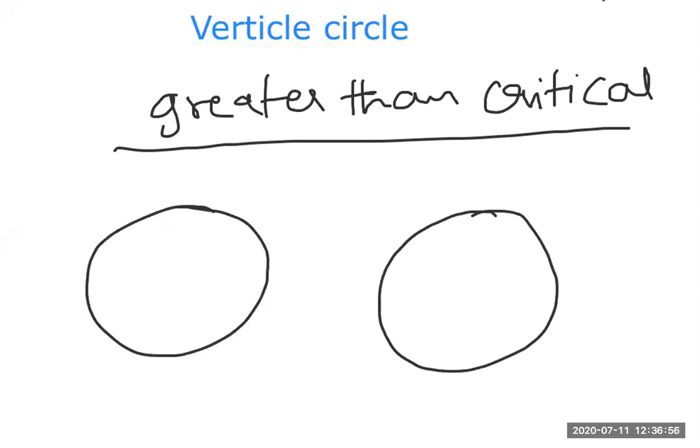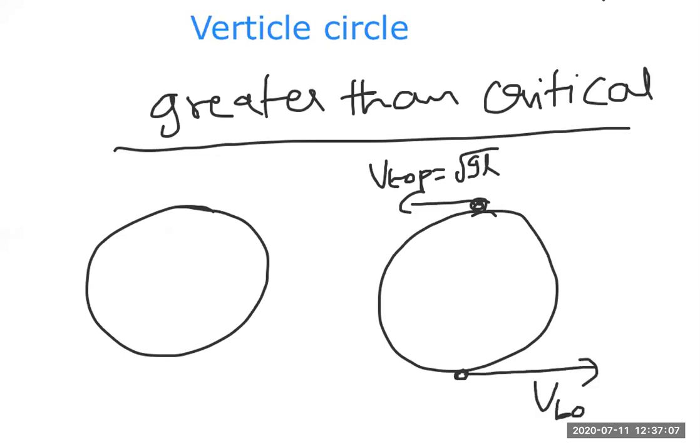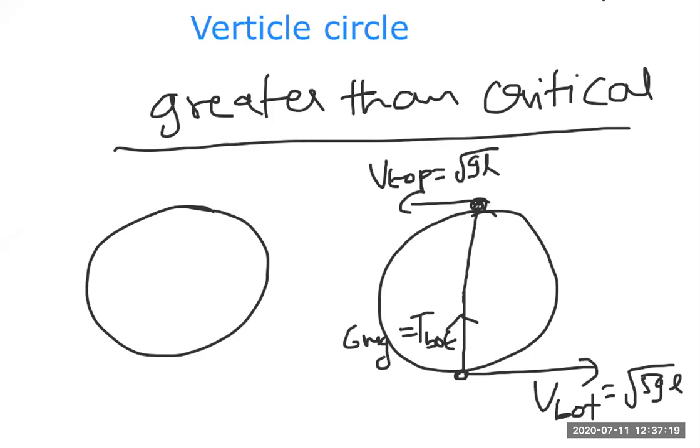Velocity at the top in critical is root GL. Velocity at the bottom in critical is root 5GL. Tension at the bottom during critical is 6 mg. Tension at the top during critical condition is negligible, nearly equal to 0.